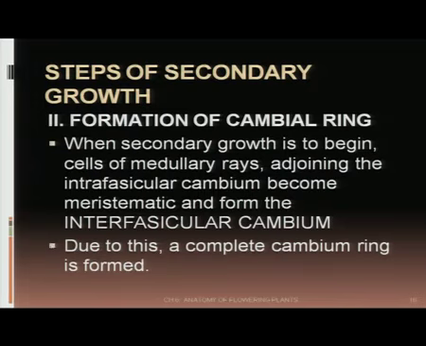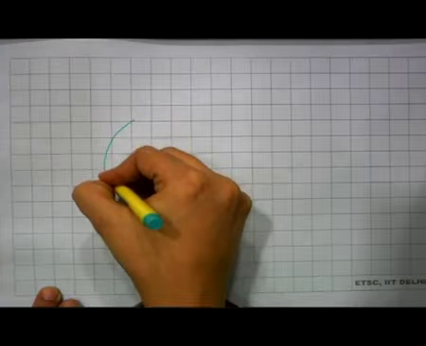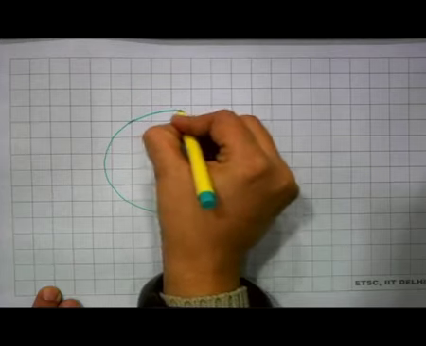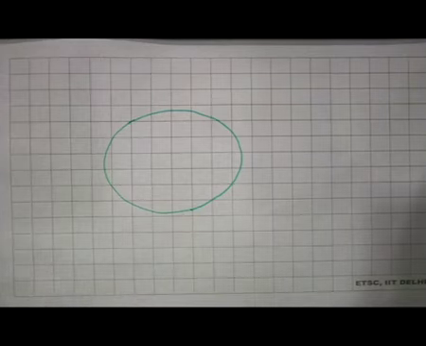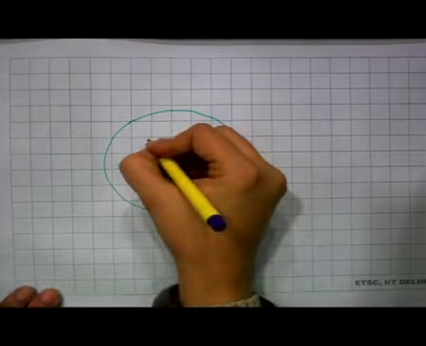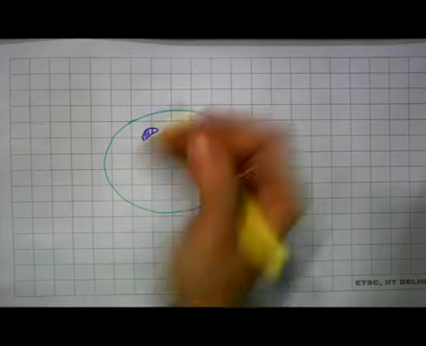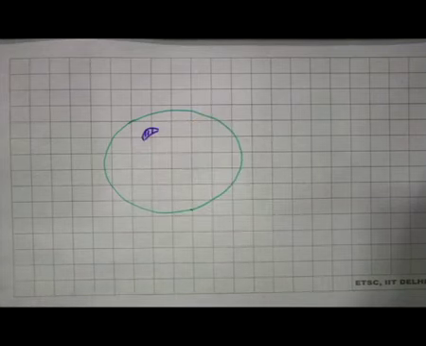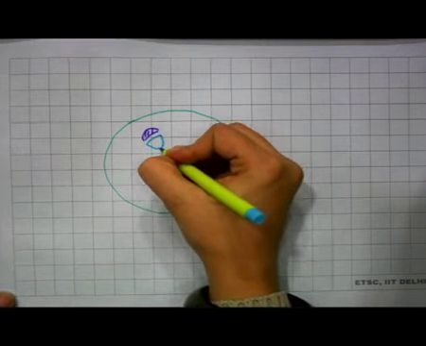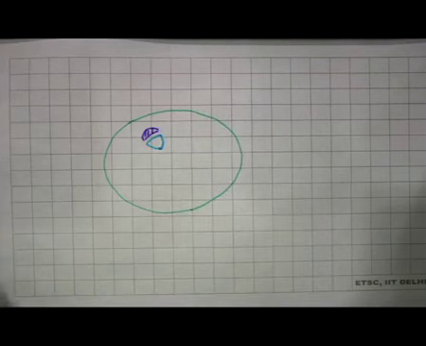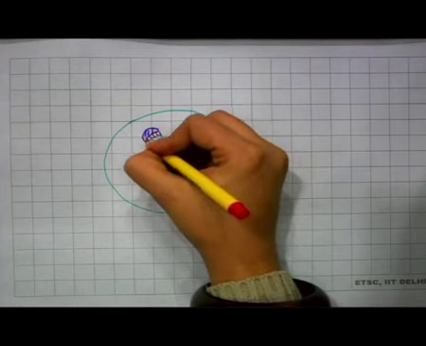If we are to draw, we can draw it like this. Suppose this is the part of the stem where secondary growth is to begin. Now, initially the vascular bundles were arranged in such a manner that there was phloem and xylem, and in between these two we had the intrafascicular cambium.